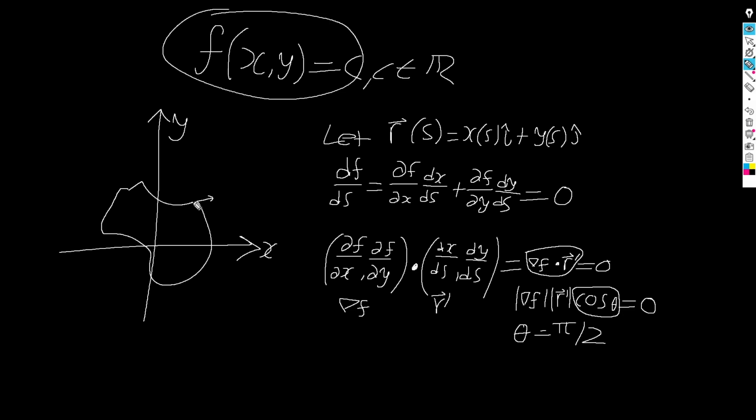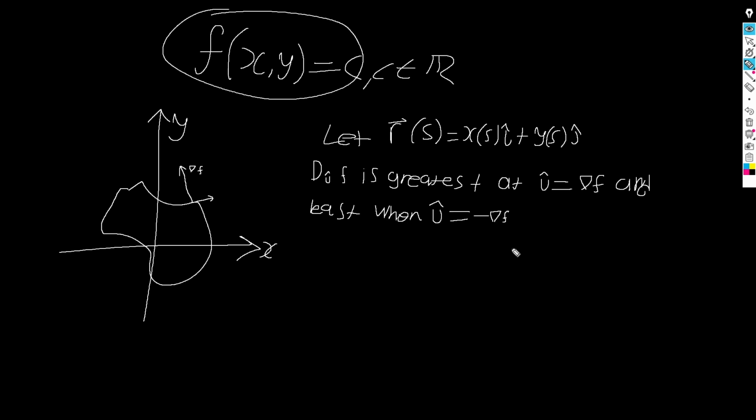So this is saying that grad f is always perpendicular to the tangent vector to the curve. Or in other words, grad f is always perpendicular to any level curve in any function, no matter what. And here we make the final step.